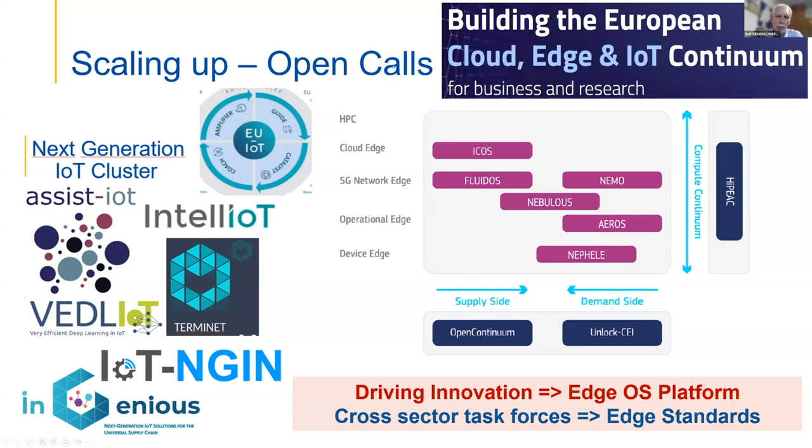So as said, we have selected 2 CSAs, Open Continuum and Unlock CI, to support these cross-sector task forces on horizontal topics, for instance, like on edge computing standards, on edge interfaces and open APIs. Common to all these projects is that they will offer the opportunity through open calls for smaller companies and smaller institutions to join the projects on the fly. And you will find announcements of these calls under the Portugal Cloud Edge IoT Continuum, and the link will be given later. So next slide.